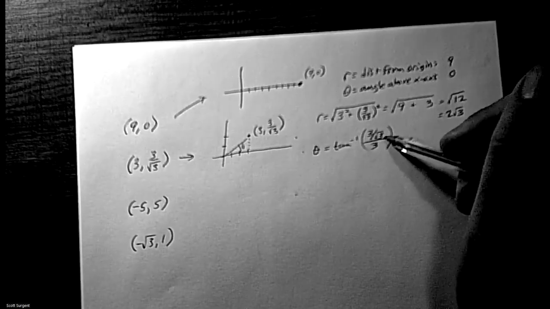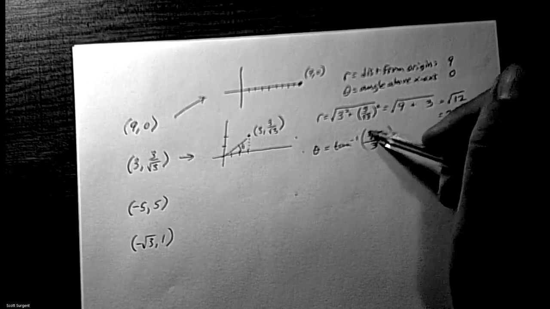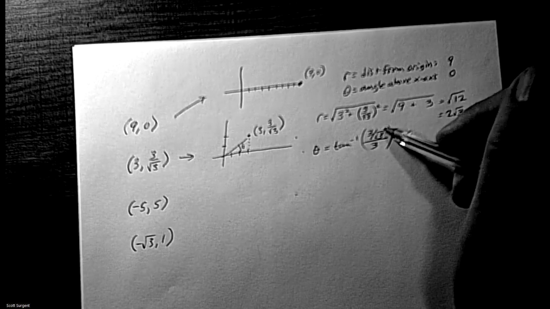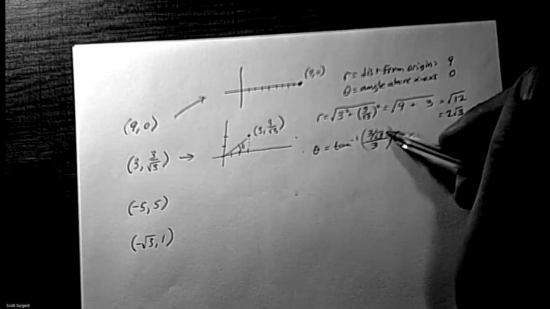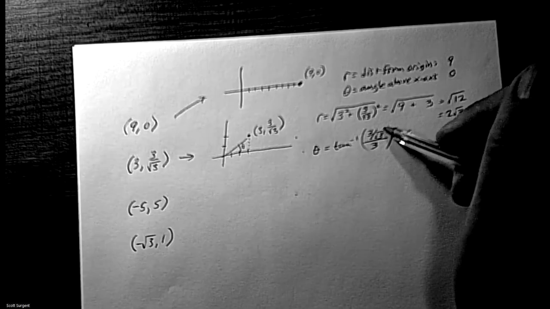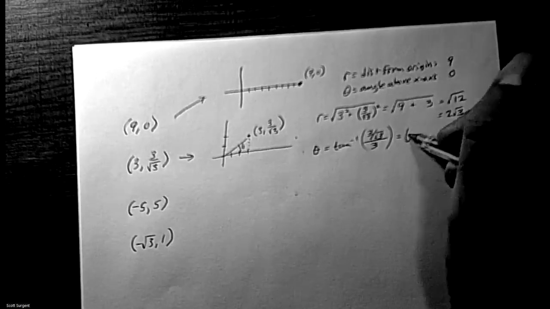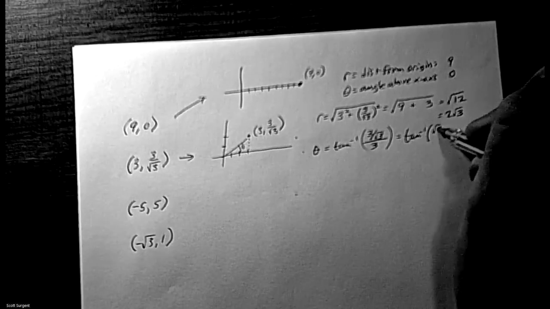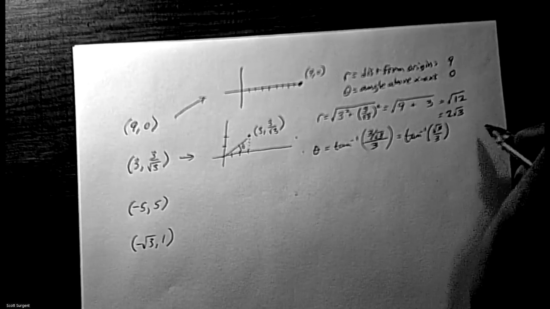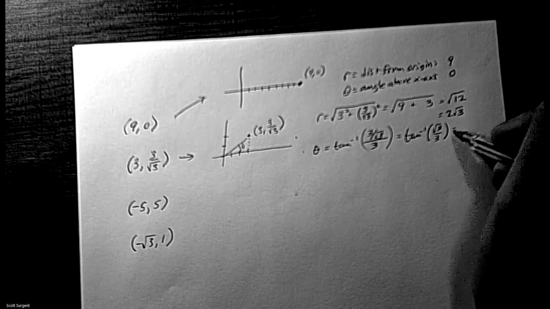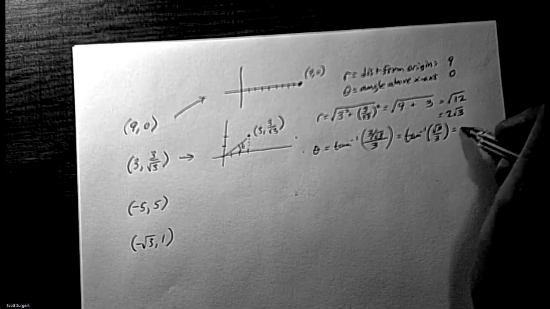This is just kind of ugly here. 3 over rad 3 is the same as radical 3. So the arctangent of rad 3 over 3. Now I guess we should just remember, do we remember our, oh, this is a common form. This is 1 over rad 3.